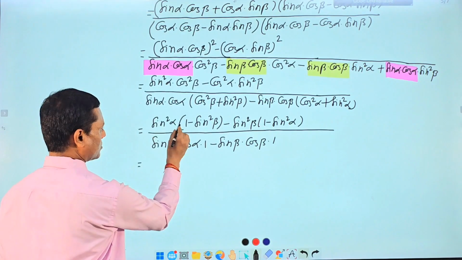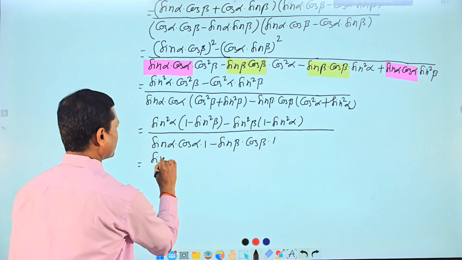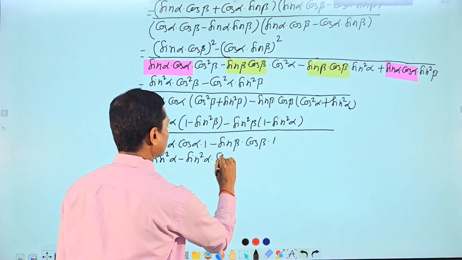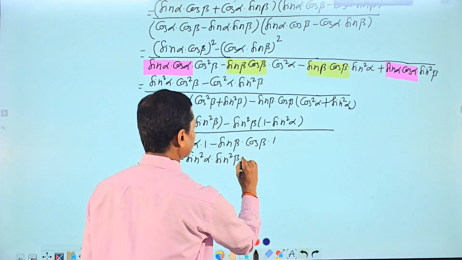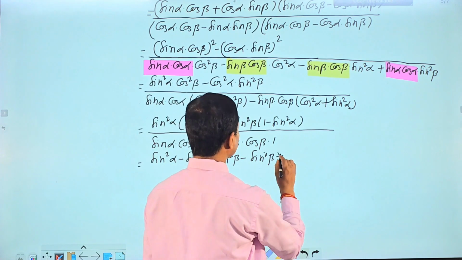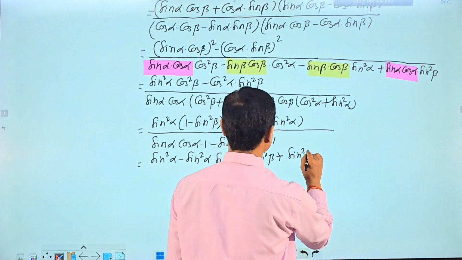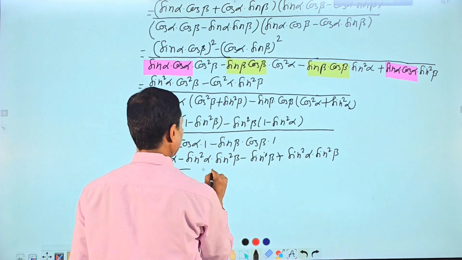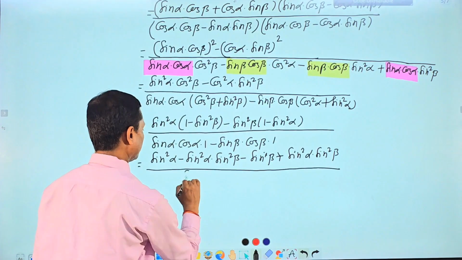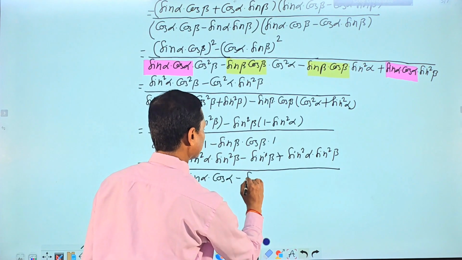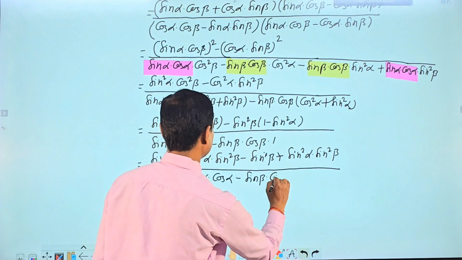Now just multiply: sin square alpha minus sin square alpha dot sin square beta. Here also minus sin square beta plus sin square alpha dot sin square beta. And at the denominator we have sin alpha dot cos alpha minus sin beta dot cos beta.